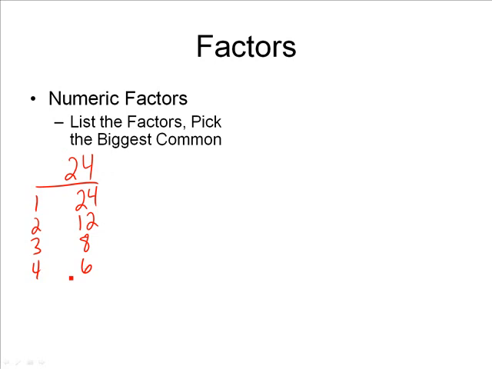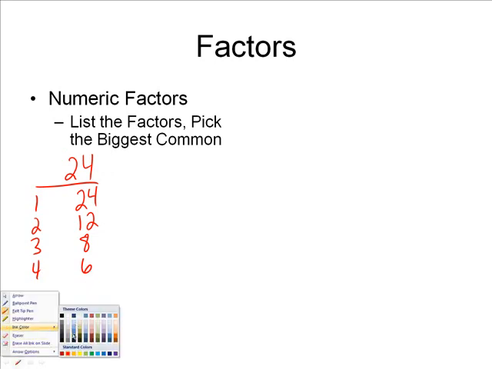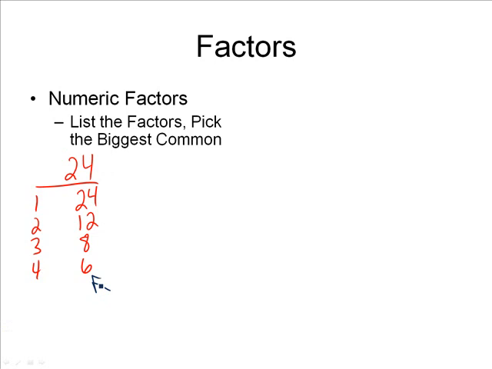And then 5 is not going to work, and 6 is already listed, so we don't have to list it again. That is one of the benefits of the factor pair method, is once a number is already listed, you know you're done. You don't have to continue.